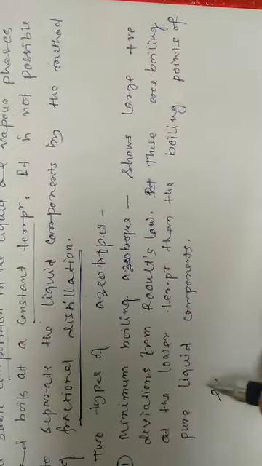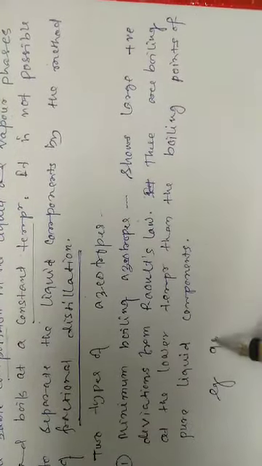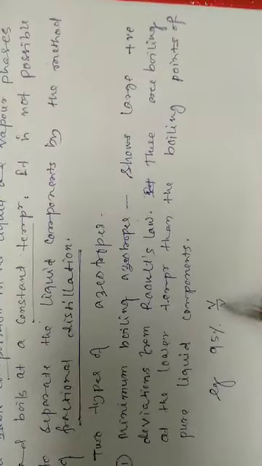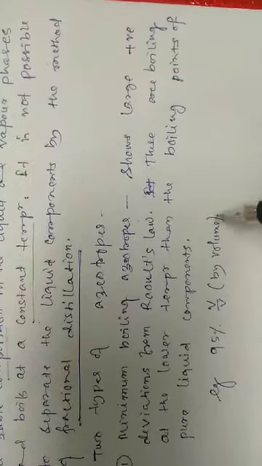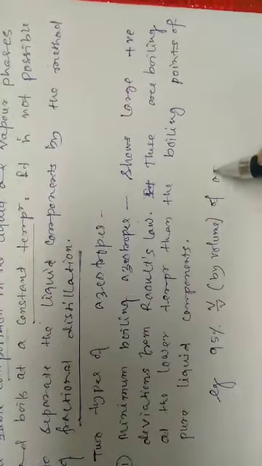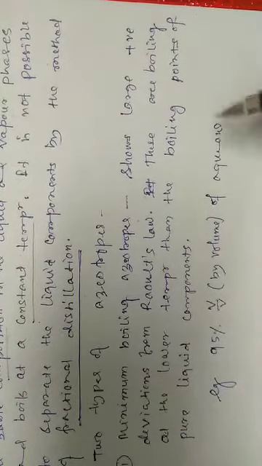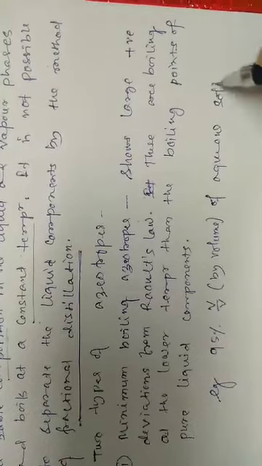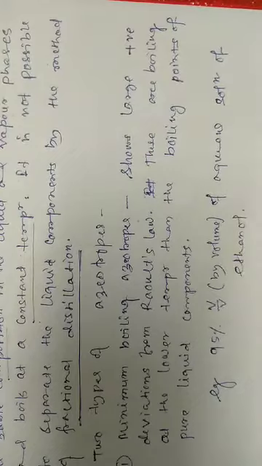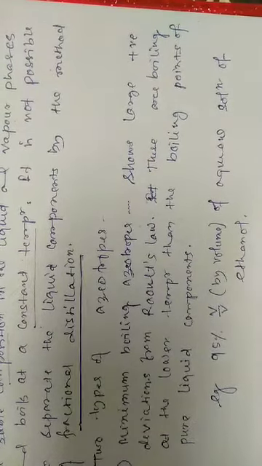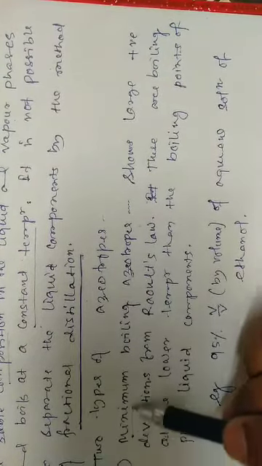For example, 95% volume by volume, also known as by volume, of aqueous solution of ethanol is an example of minimum boiling azeotropes.